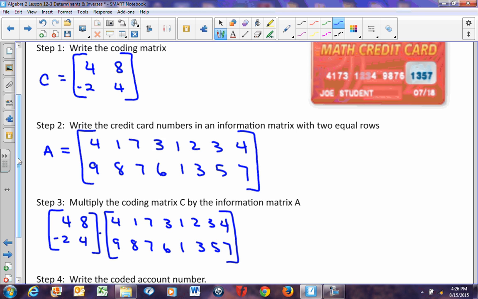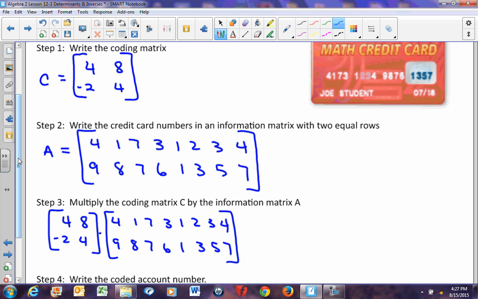No, I had it right the first time. Number of rows is 2. The number of columns is 8. And we put all those in.